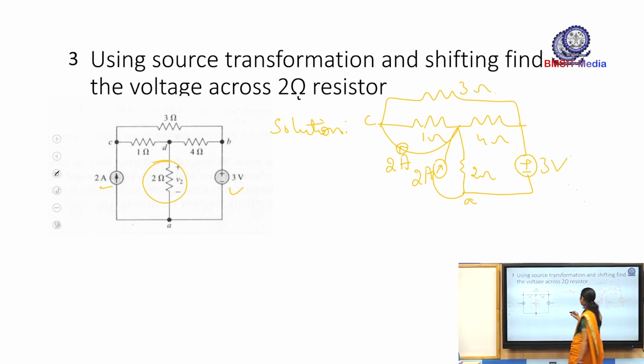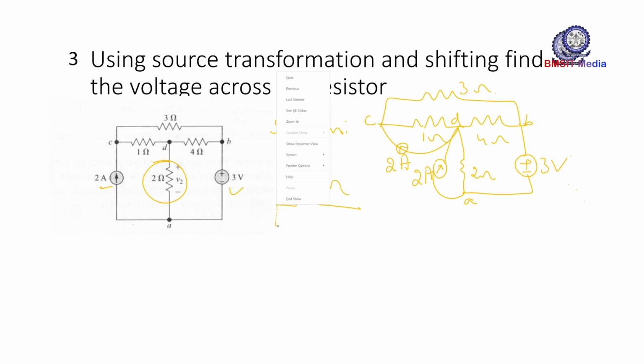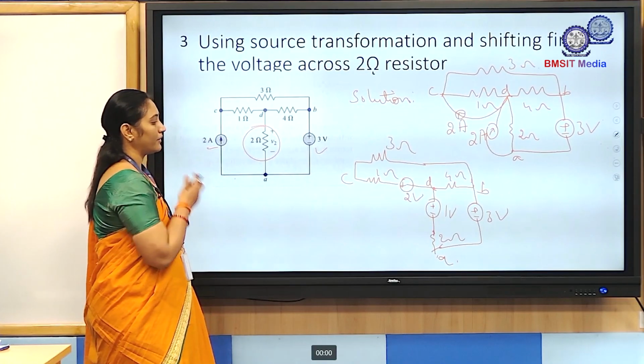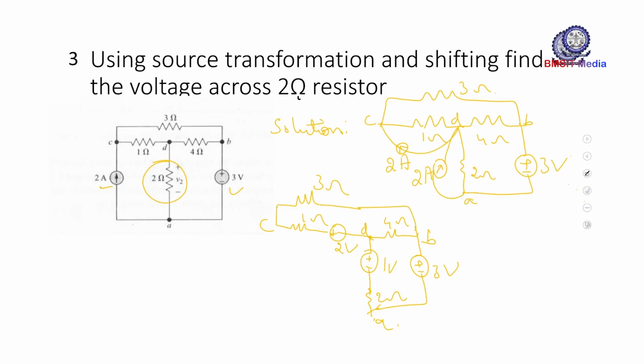So for this D and B, for the CD, okay, you have the next step. So it can be reduced after applying the source transformation.